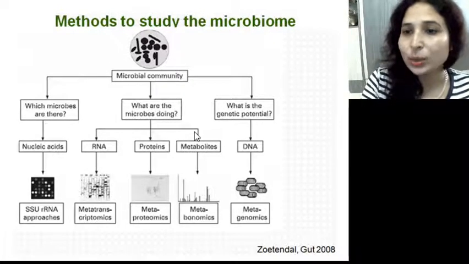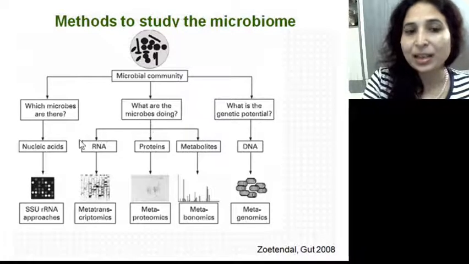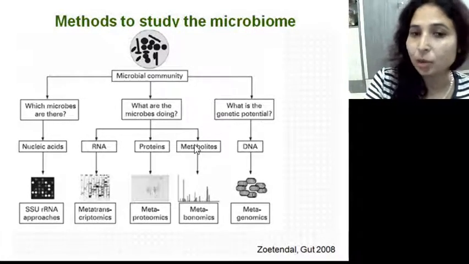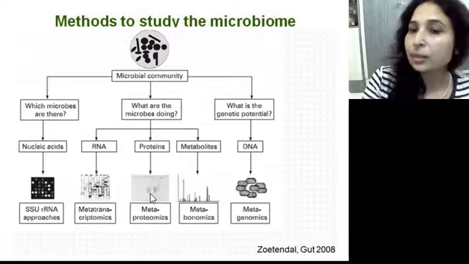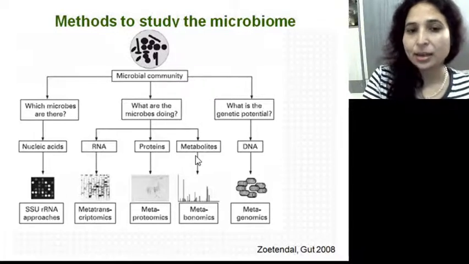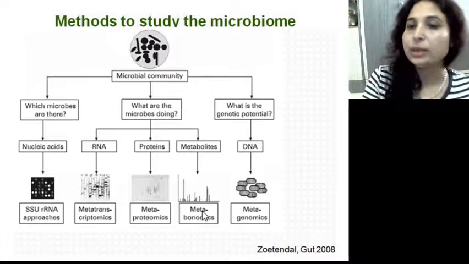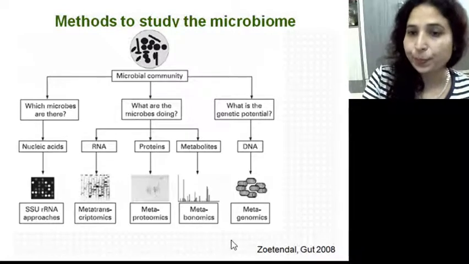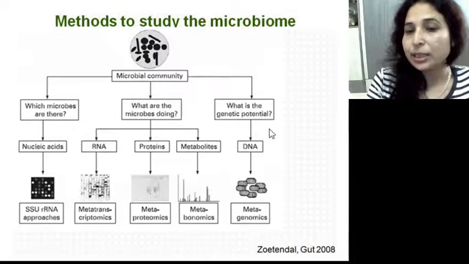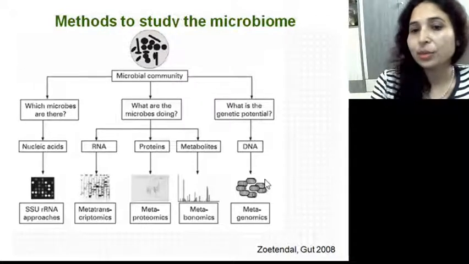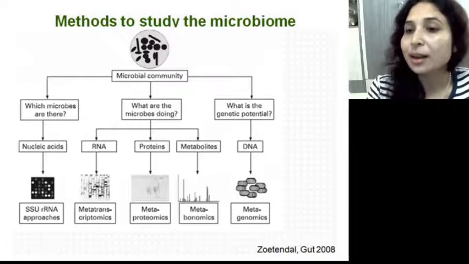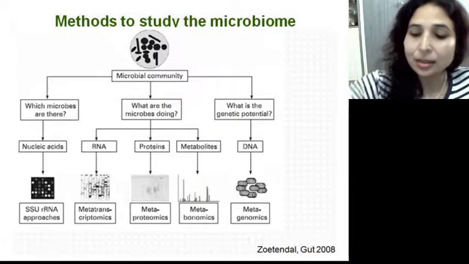What they are doing, we can see from the expression of the RNA, the proteins, and the metabolites. RNA expression is metatranscriptomics, the proteins are metaproteomics, and the metabolites are called metabonomics. And if we look at the genetic potential, that is the DNA of these gut microbes, then it's called metagenomics.